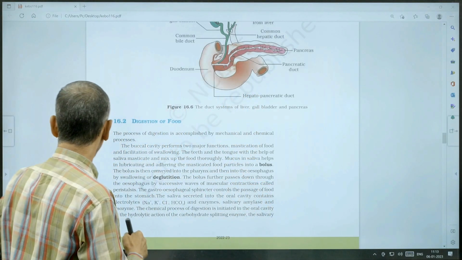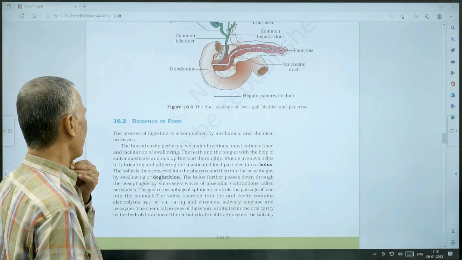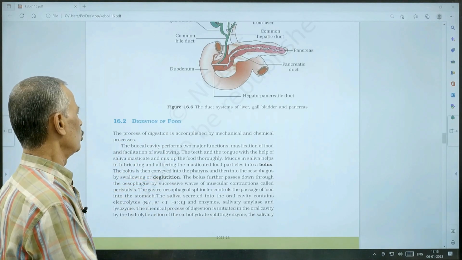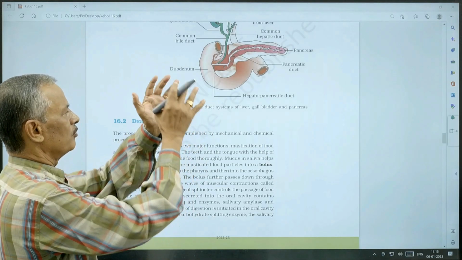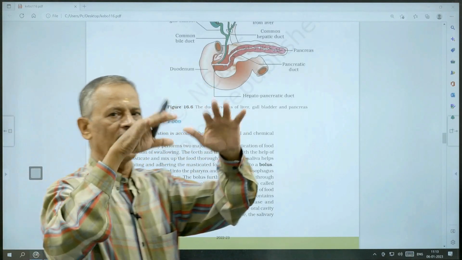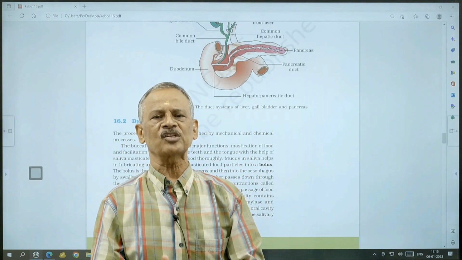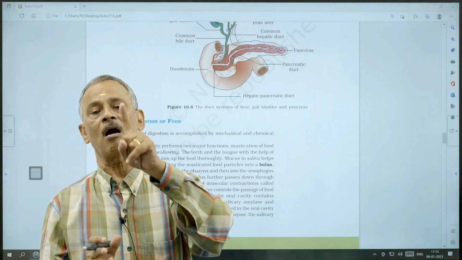Now, the food is converted into round structures called bolus and then it is swallowed. Swallowing is called deglutition. Once swallowing occurs, the esophagus undergoes a wave-like contraction and dilation throughout its wall. This wave-like contraction and dilation is called peristalsis.